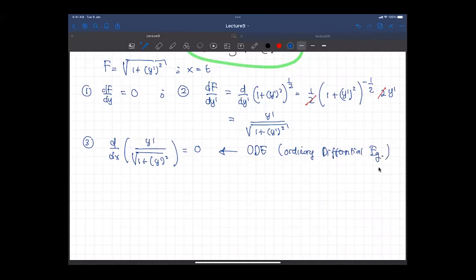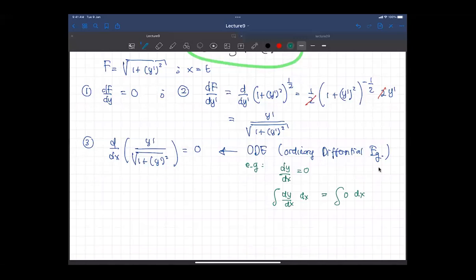So what does it mean by ODE? In ODE, the simple case of ODE is that dy dx equal to 0. This is the simplest case of ODE. And then what you need to do is to put dy dx equals to integral of 0 dx.